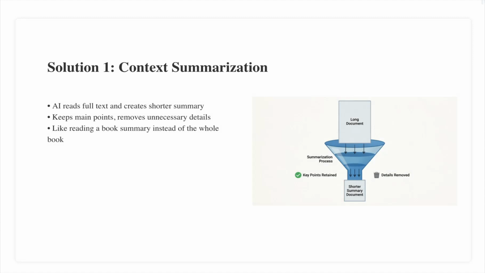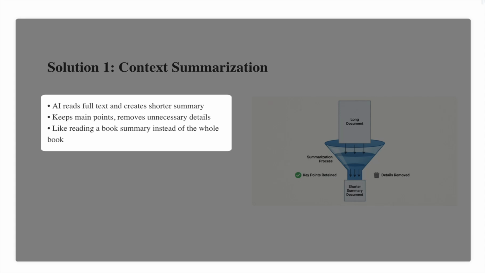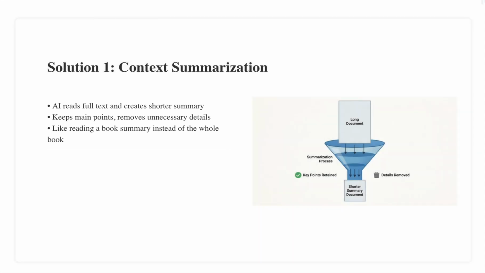You still get the main story without all the extra details. This means the AI doesn't need to remember everything word for word. It only needs to remember the key points, which takes up much less space in the context window. So we've got three benefits here: less cost, faster responses, and fewer mistakes. The AI can focus on what really matters instead of getting lost in all the details. Now let's move on to our second solution, which works in a completely different way.